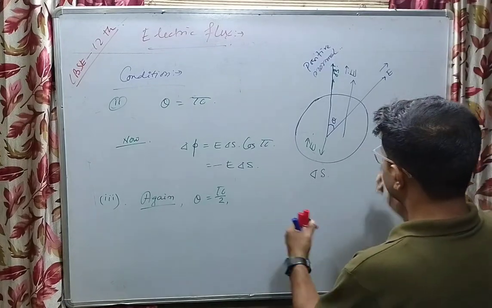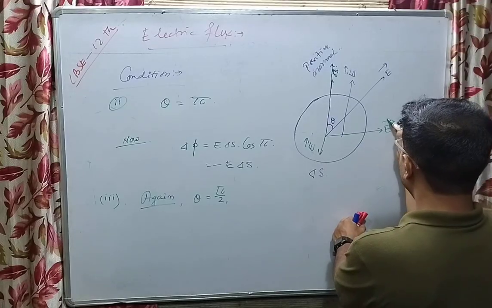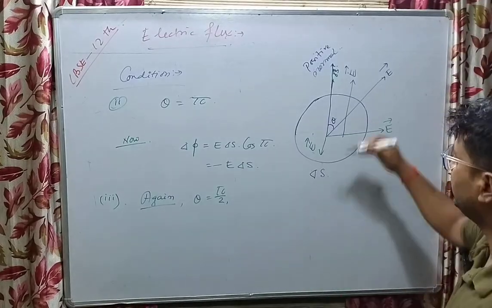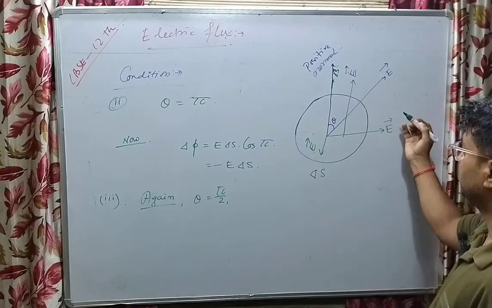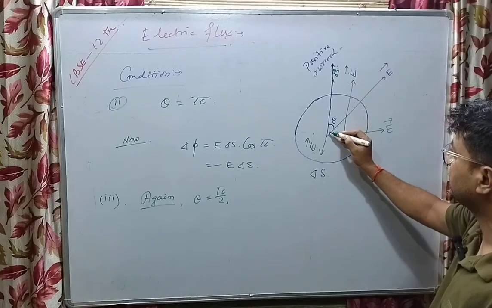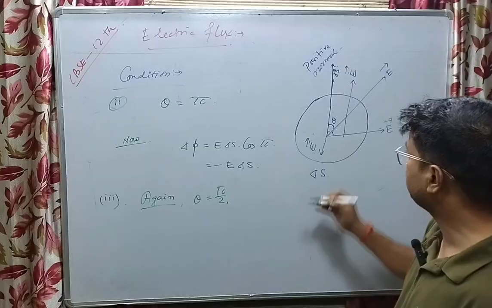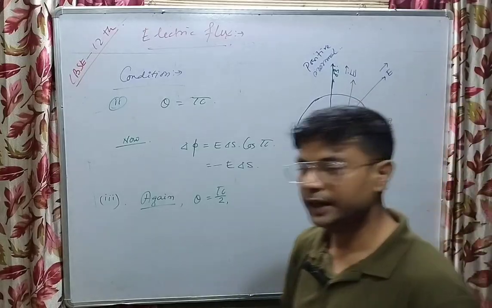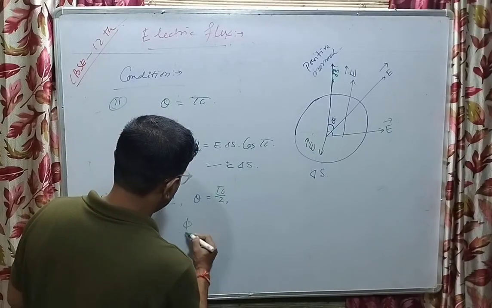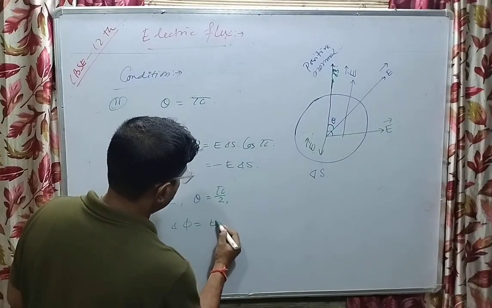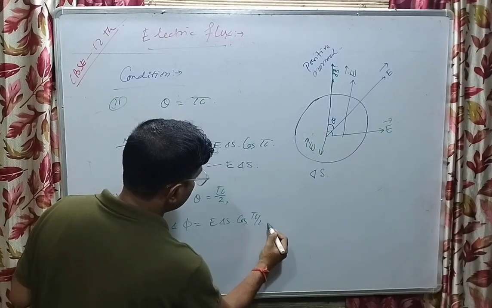When the direction of the electric field is parallel to the surface, that is, perpendicular to the direction of the area vector, electric flux will be E delta S cos pi by 2.